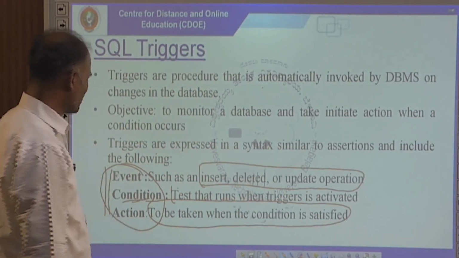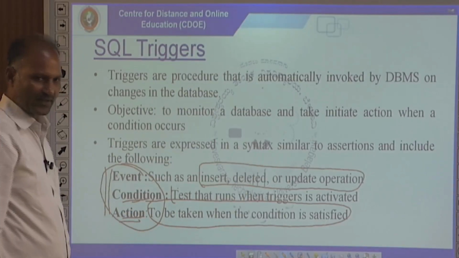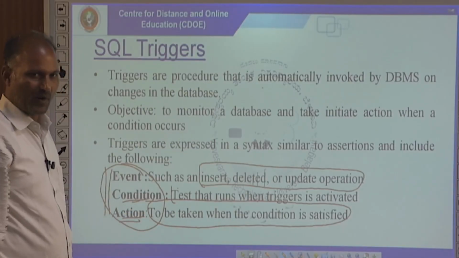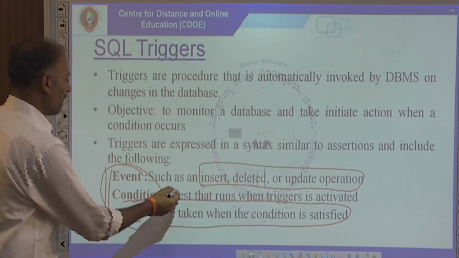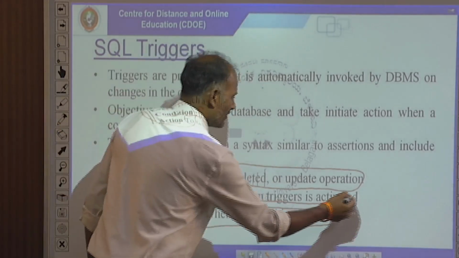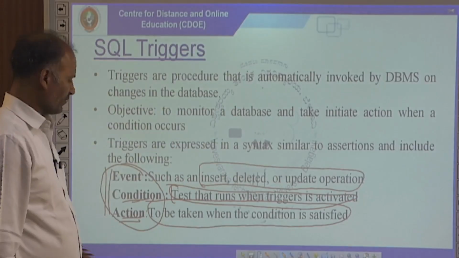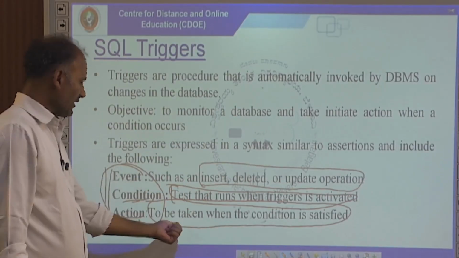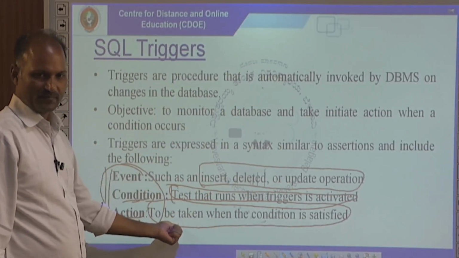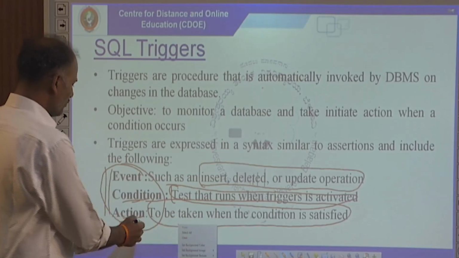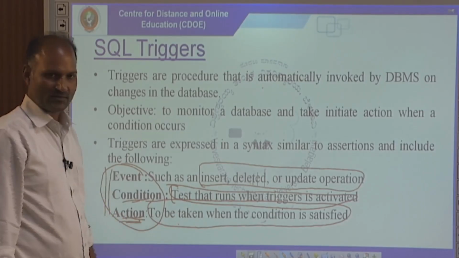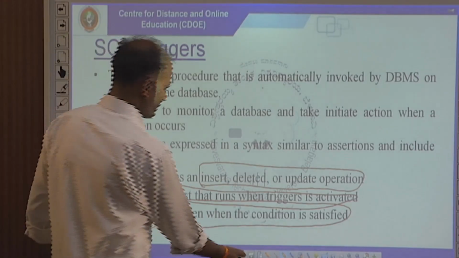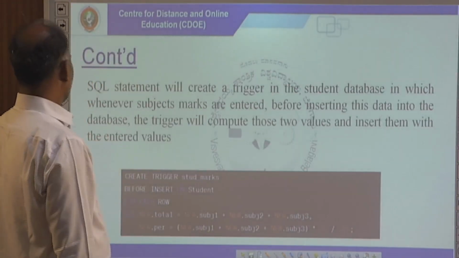What action is to be taken based on this condition? If the condition is true, then what action needs to be taken? That is what you specify as part of the SQL statement.